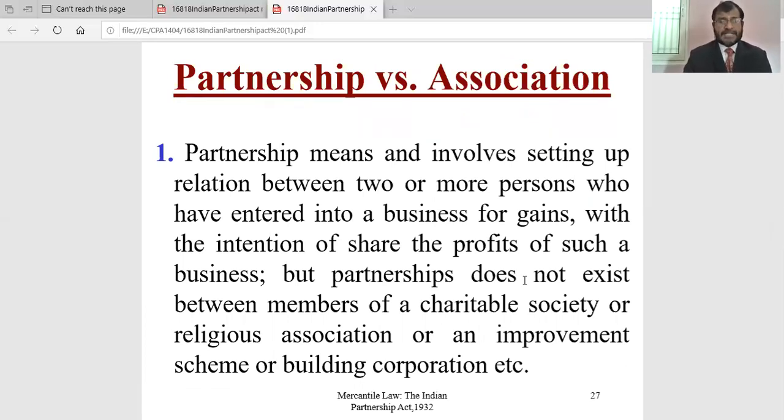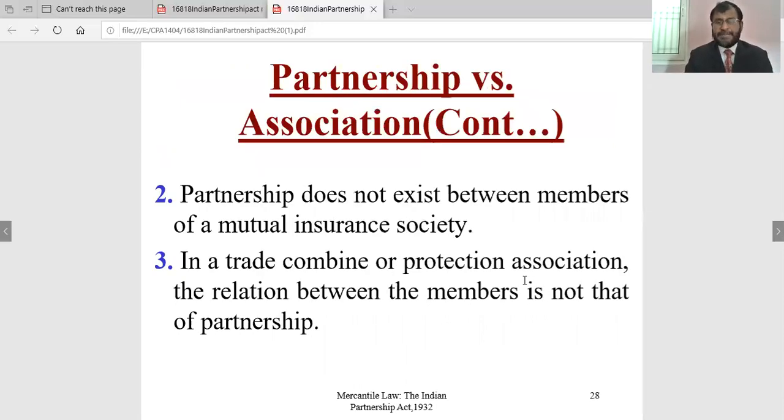But partnership does not exist between members of a charitable society or religious association or an improvement scheme or a building corporation, etc. Second, partnership does not exist between members of a mutual insurance society. Third, in a trade combine or protection association, the relationship between the members is not that of partnership.